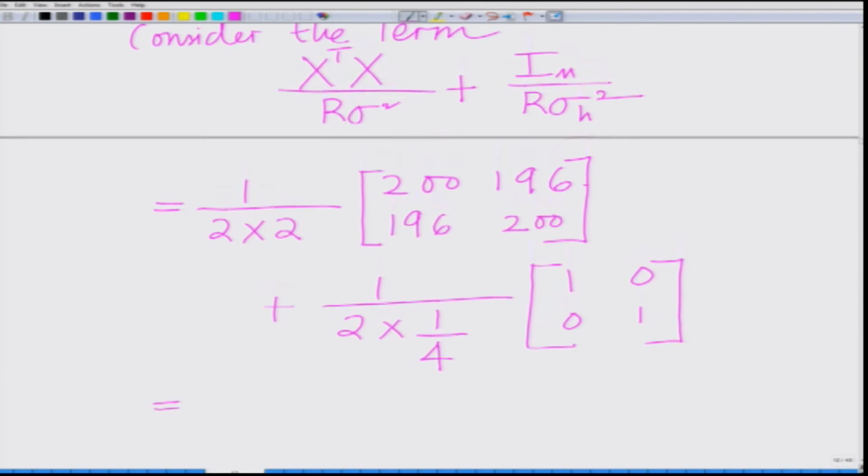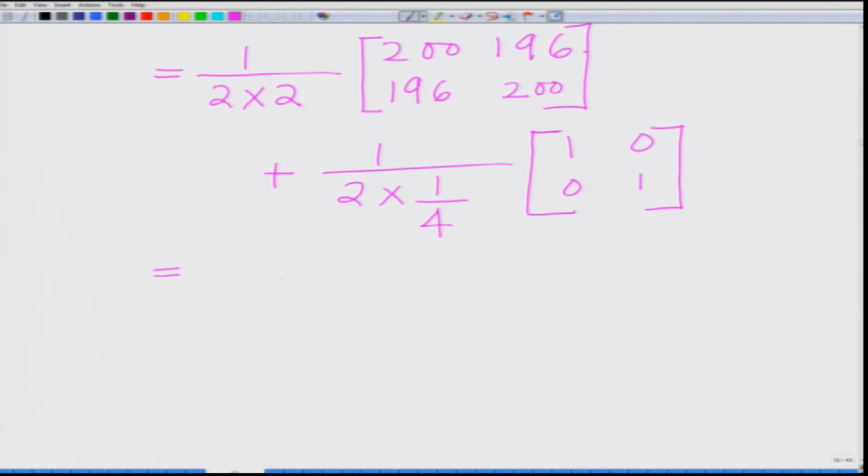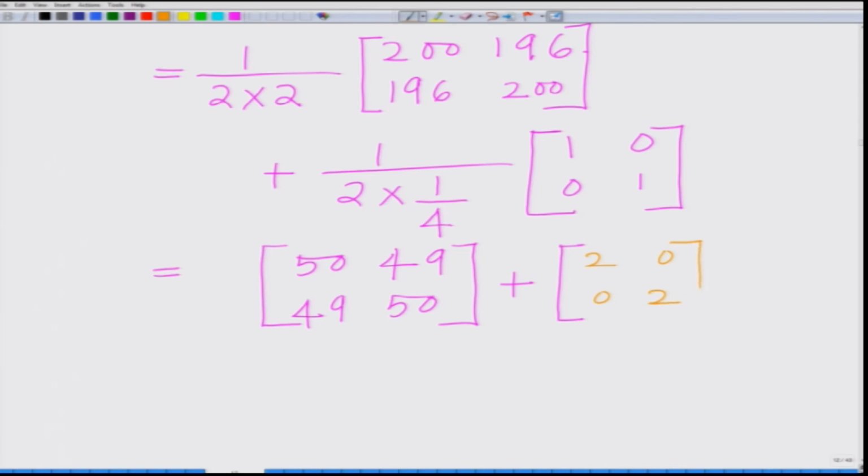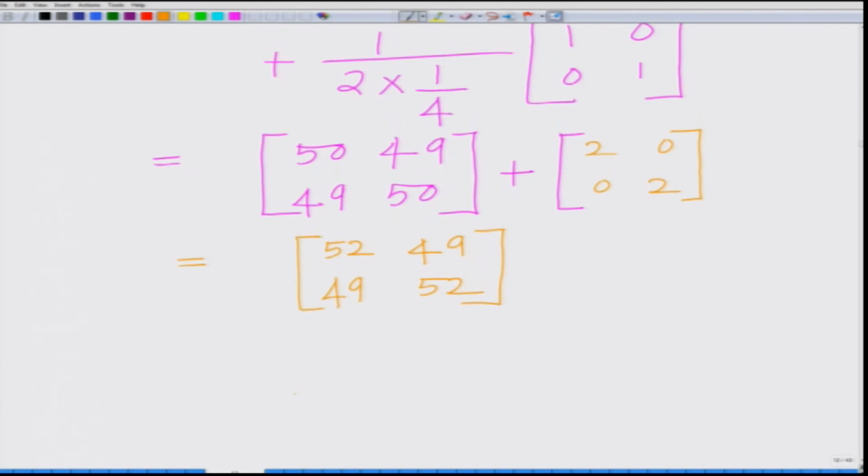If you compute this, it will be basically 50, 49, 49, 50 plus 2 0, 0 2, that is your 52, 49, 49, 52.